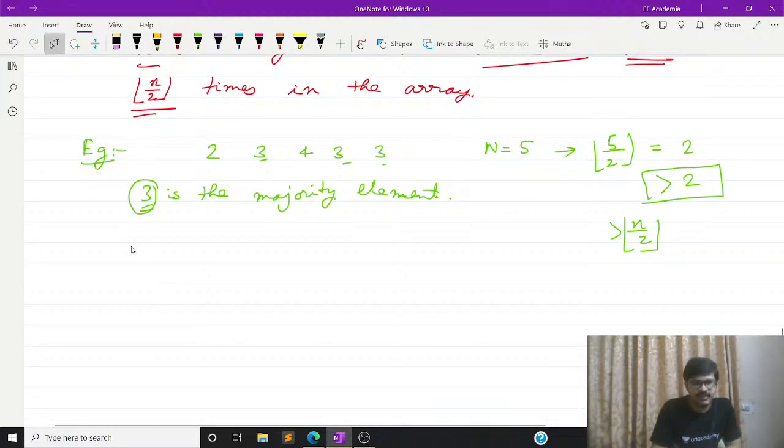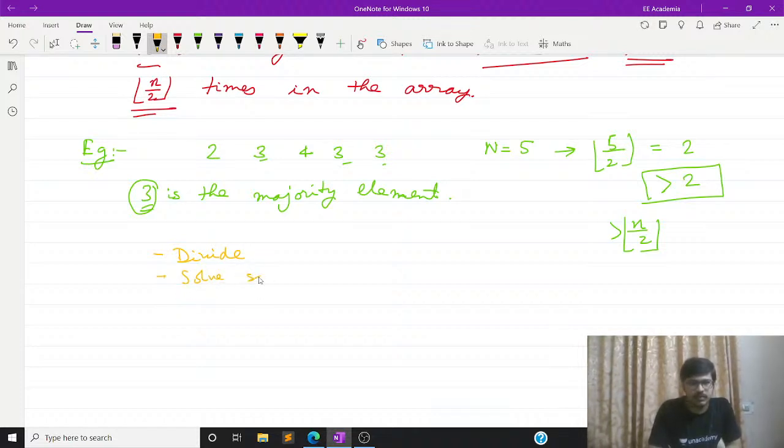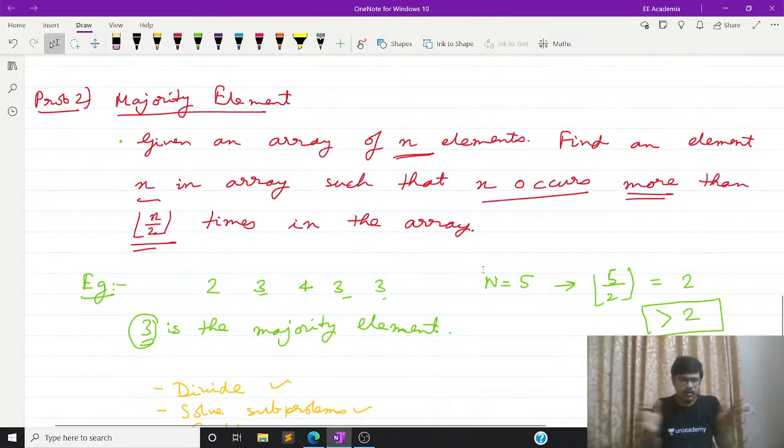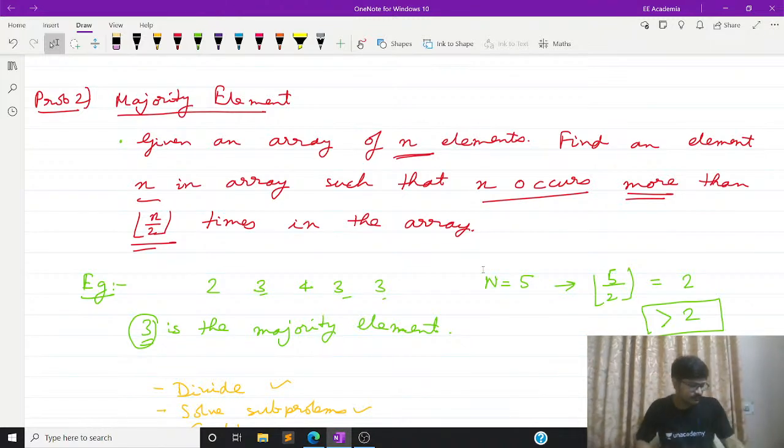So let's first see the principal methods in here. The principal method will be divide, solve subproblems, and the last step would be combine. These are the 3 steps of our divide and conquer technique. So given this problem, try to think about it this way: divide, solve subproblems, combine. How do you think we can do this?